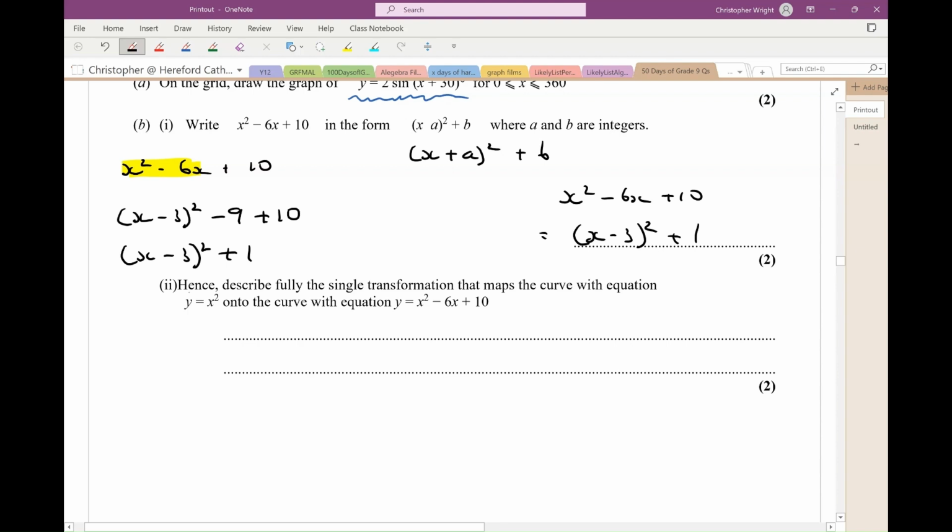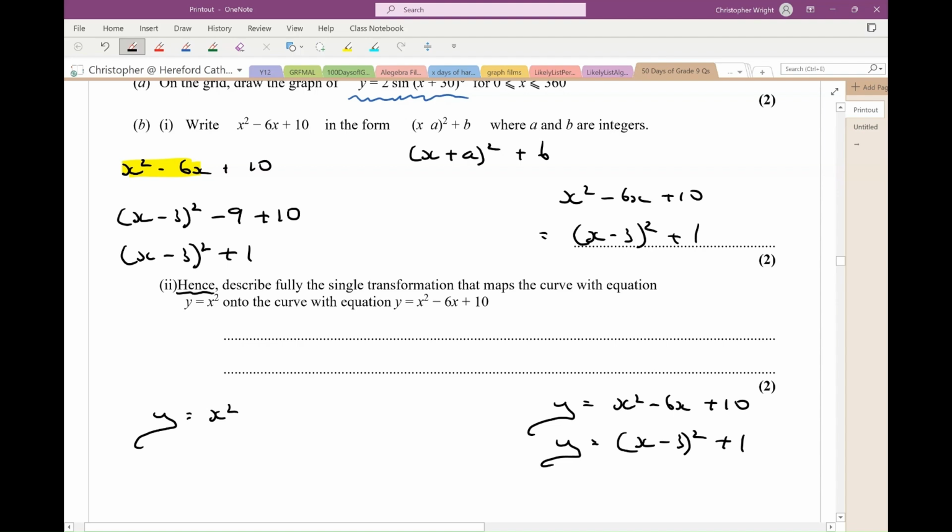Hence, use your answer to describe fully the transformation that maps the curve with the equation y equals x squared onto the curve y equals x squared minus 6x plus 10. You know that that is the same as the curve y equals (x minus 3) squared plus 1.